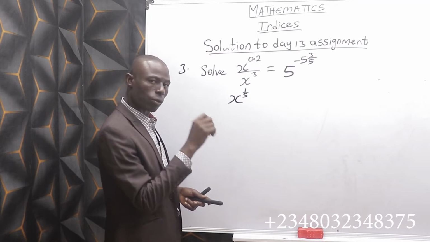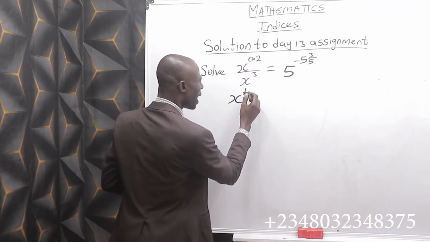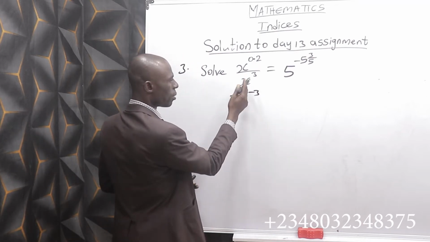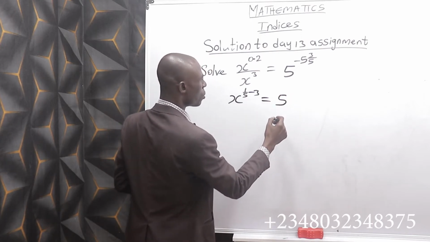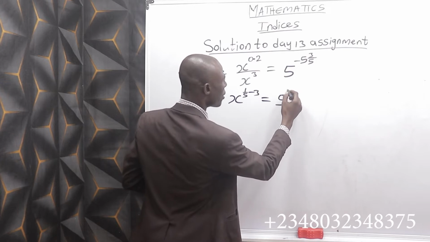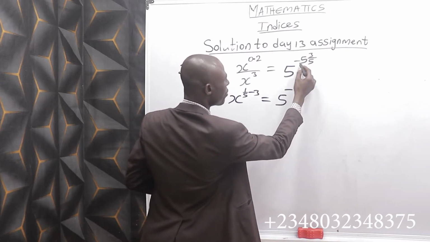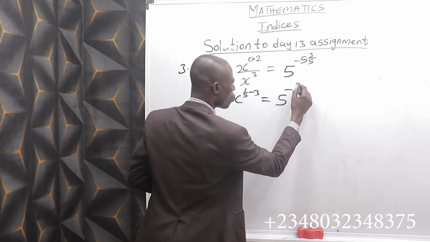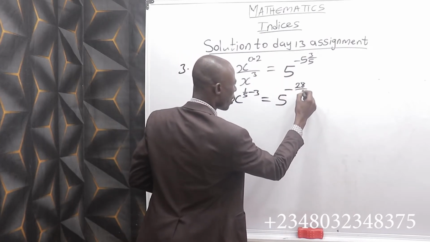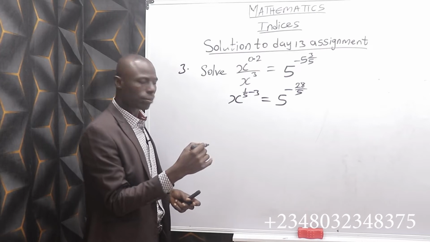When you convert it to fraction, minus 3 equals 5 raised to power negative 5 times 5, 25, plus 3, 28 over 5. Are you following?